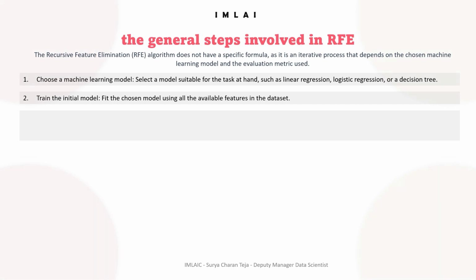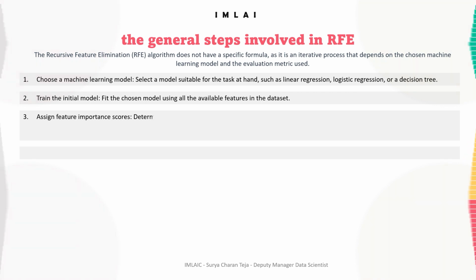Then we will move on to the third step, assign feature importance scores. Determine the importance of each feature in the initial model. The method for calculating the feature importance depends on the model used.